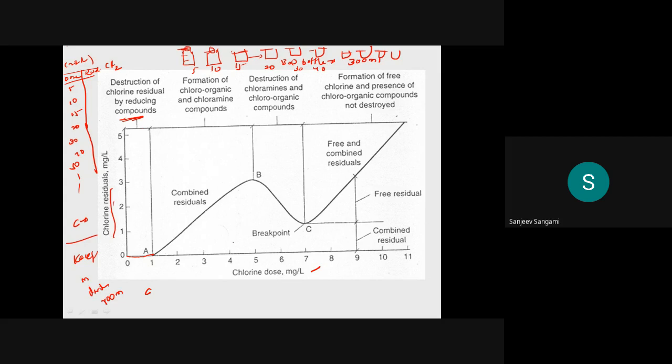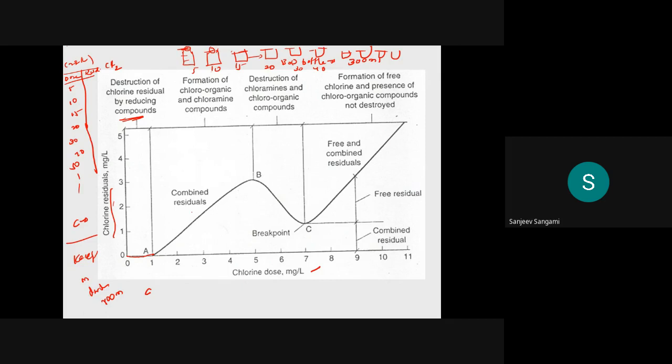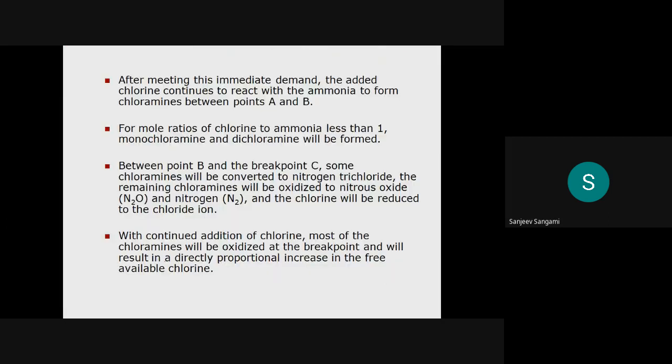And here, combined residuals form, after meeting point A. Remember, this is point A where the oxidation of Mn, Fe, and the other parameters takes place. Once it is oxidized, the added chlorine continues to react with ammonia to form chloramines.